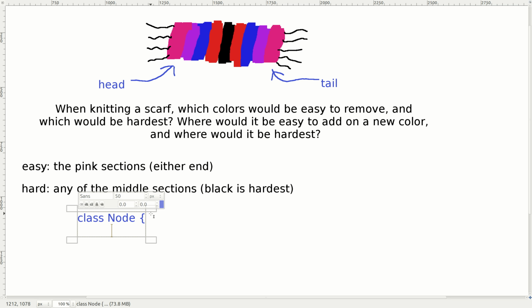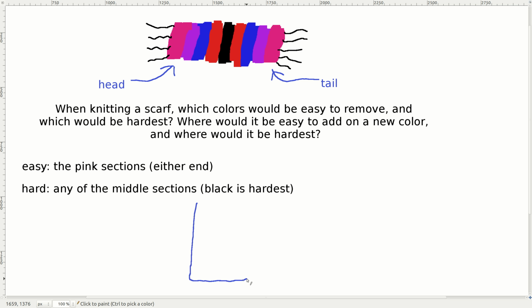So if I imagine a node in space, it stores some data, and it has a way to indicate where you'll find the next data, or in other words, the next node.